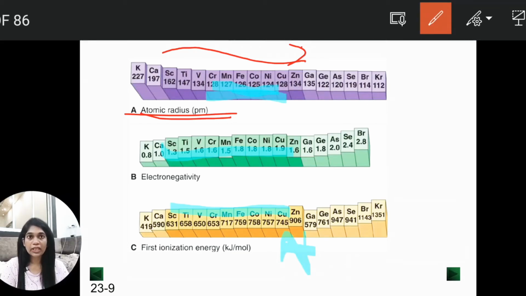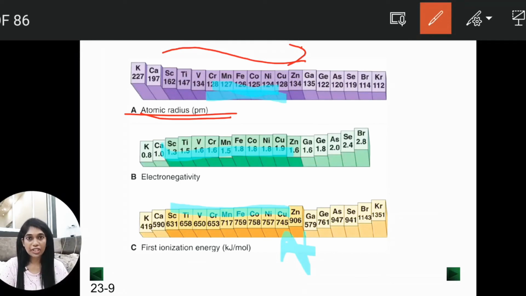This is because all the electrons are entering the same d orbital. The shielding of the d orbital is less as compared to other orbitals, so due to the less shielding effect, there is not much difference between atomic sizes.